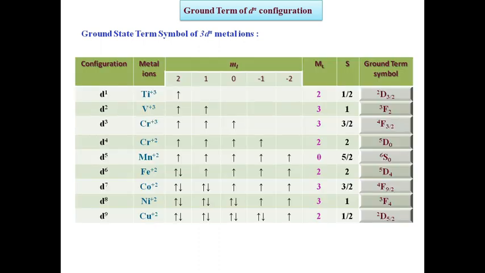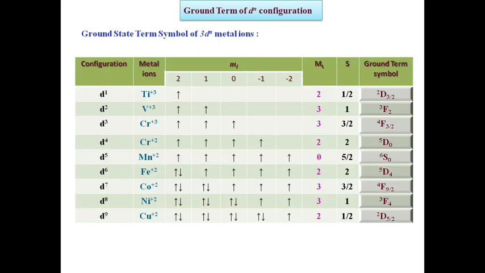In this slide, different 3d transition metal ions and their various parameters regarding spin-orbit coupling such as capital L, capital S, spin multiplicity and ground state term symbols are represented in tabular form.